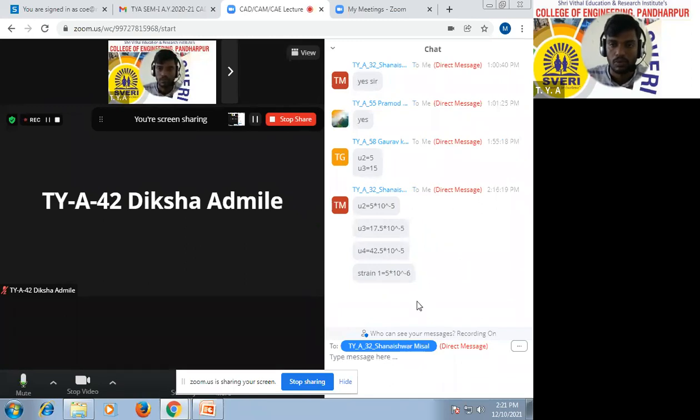Okay, strain 1 is 5 into 10 raised to minus 6, correct. Second strain, at the second element, U3 minus U2 by L2 is equal to what is the value?